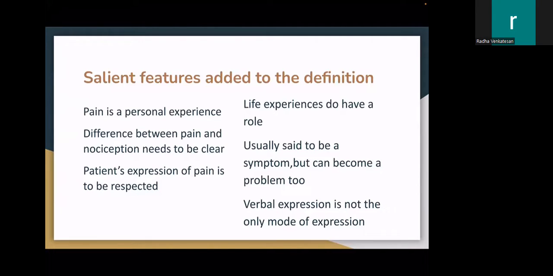Those are also signs of expression of pain. So it's not that someone has to tell us they have pain. We can find out. Here we know that pain is considered as the fifth vital sign. So being in our profession, we know other ways of expressing also.